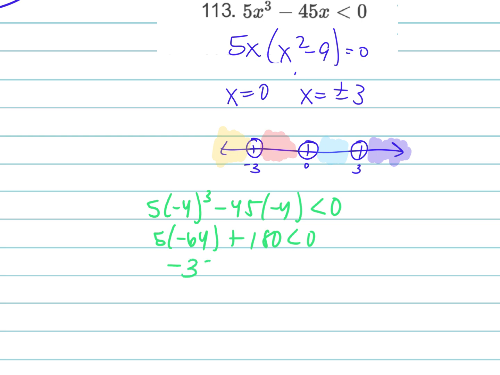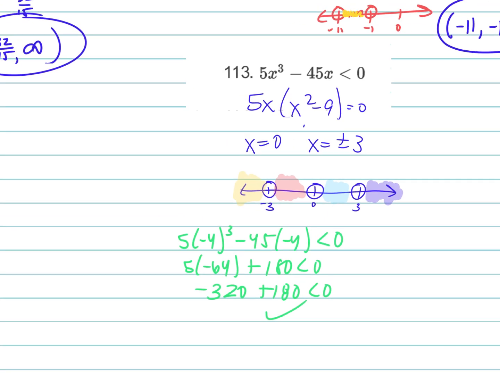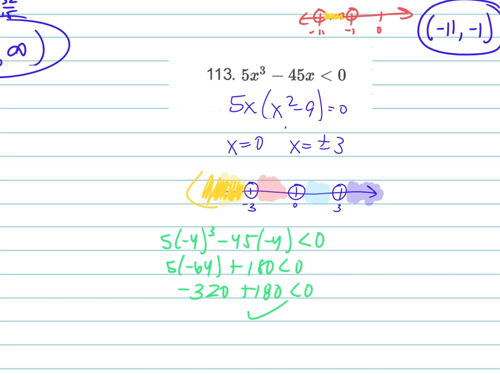It's going to be negative 320 plus 180, is that less than 0? And yes, that value is going to be less than 0. So this area of numbers will work, from negative infinity to negative 3.